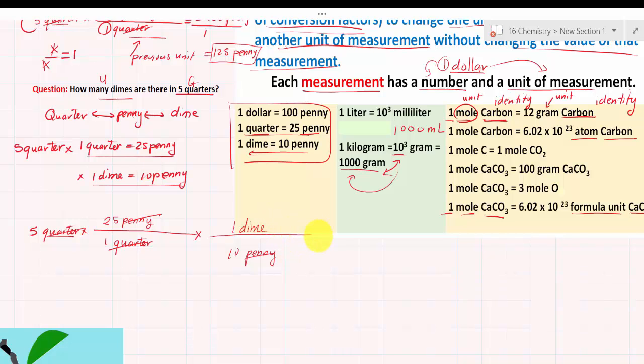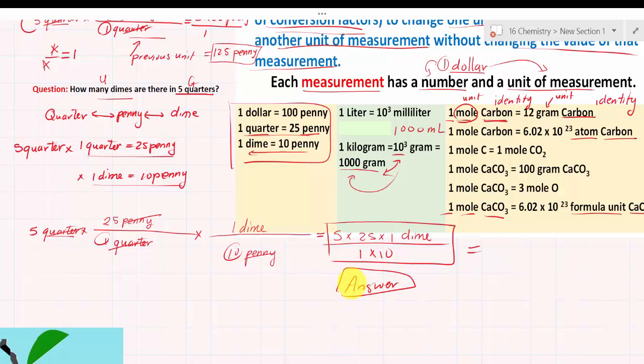So in this case, we would have 5 times 25 times 1. Basically, you take all the numbers on top of the fraction, you multiply them together. 5 times 25 times 1 dimes divided by all the numbers on the bottom. In this case, the numbers on the bottom are 1 and 10. So 1 times 10. And pretty much this is our answer if we don't simplify.